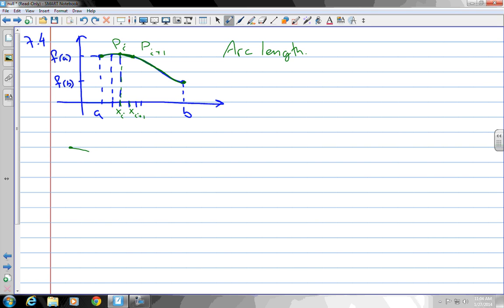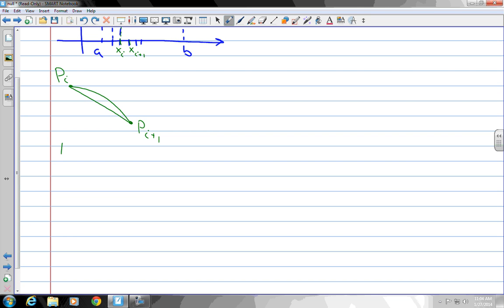I have a curve, but then it's connected by a straight line. I'm going to figure out the length of that straight line. So basically, I'm looking at the distance between 2 points, p sub i and p sub i plus 1. That's what I need to figure out. Is that okay? Plan makes sense?